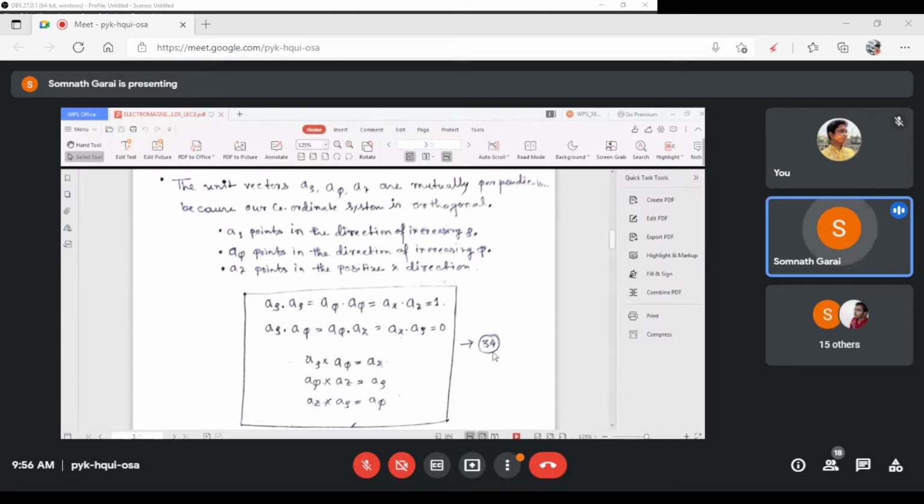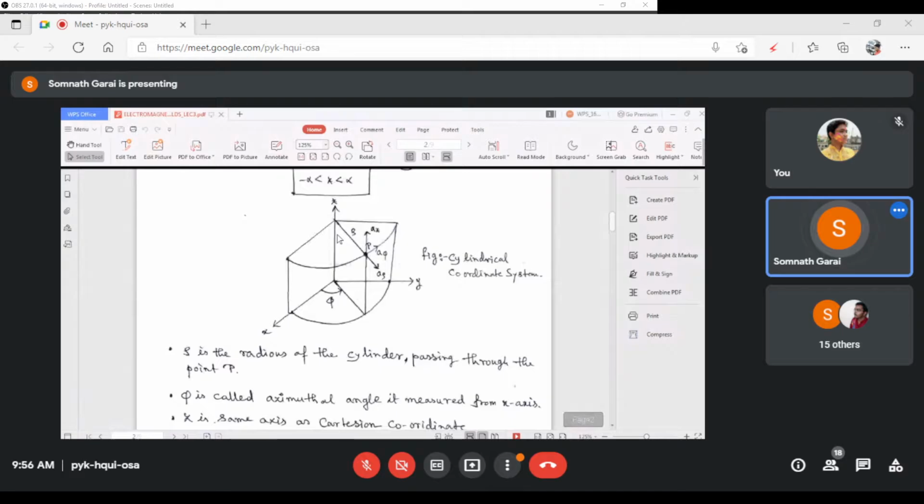The unit vector a rho points in the direction of increasing rho from the origin.